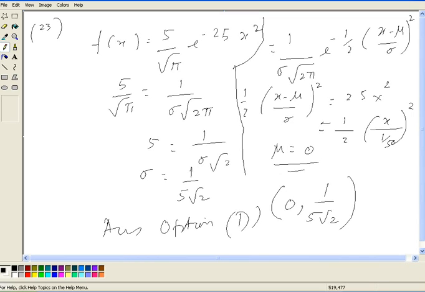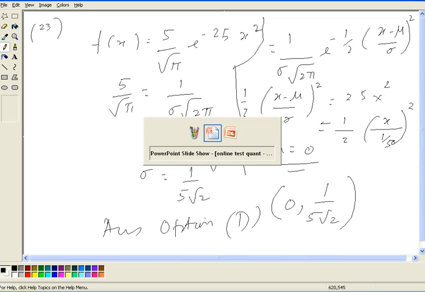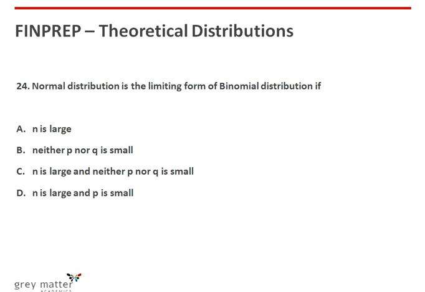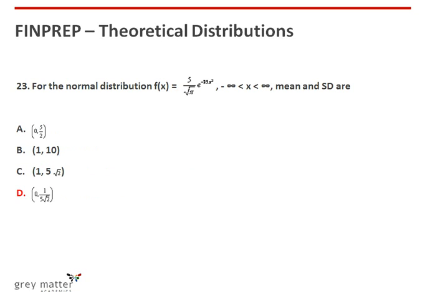So mu is 0, so the answer is option D, wherein mu, that is the mean, is 0 and sigma is 1 by 5 root 2. Going back to our PowerPoint presentation, it is D option, that is 0 comma 1 by 5 root 2.